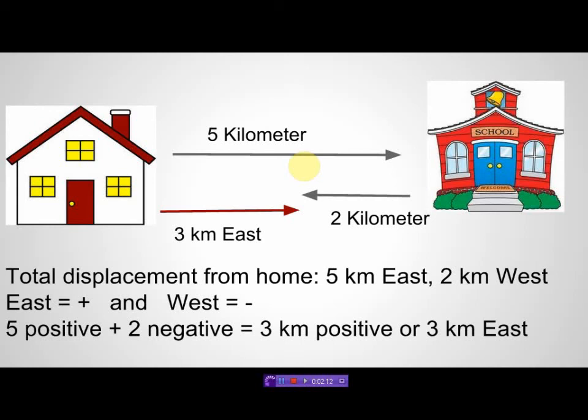However, the total displacement, if we walked 5 kilometers to the east and 2 kilometers to the west, and we're going to use east as a positive number and west as a negative number, we have 5 plus a negative 2 to west to come up with a 3 kilometer positive, or 3 kilometers to the east. This should say negative 2. I apologize about the typo.